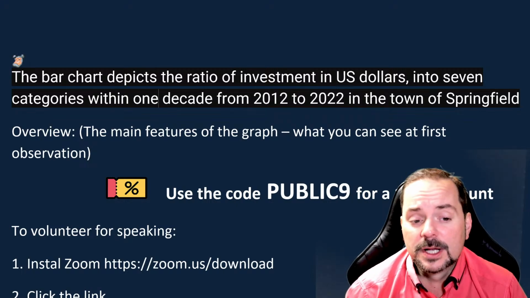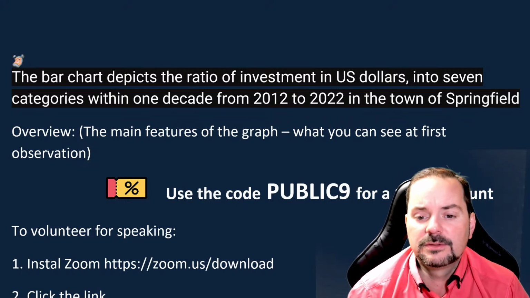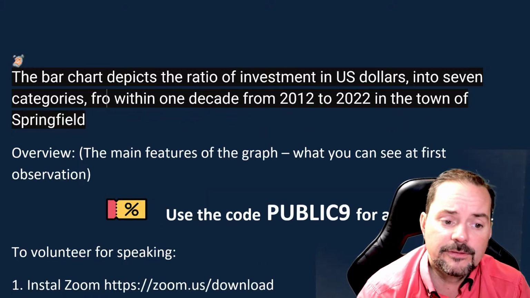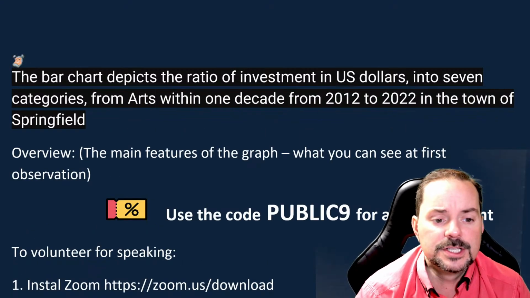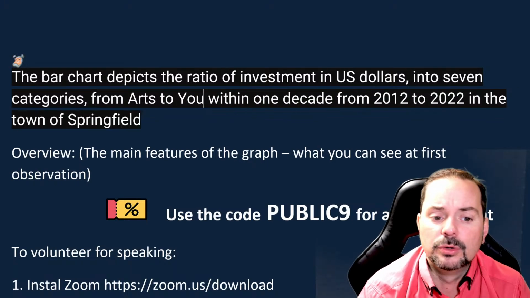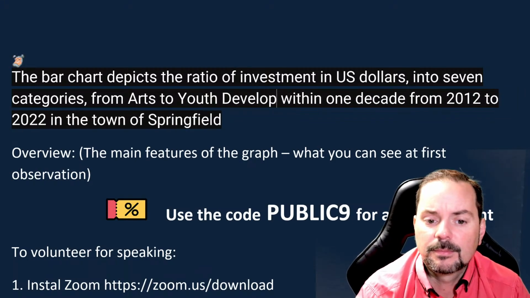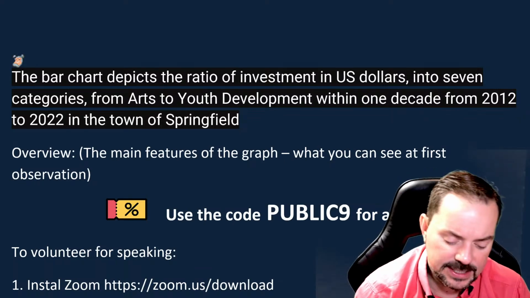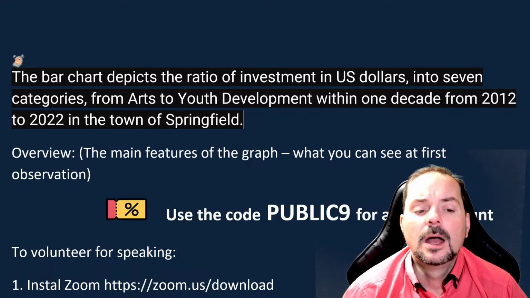Now you see, Fuang, it's become quite short, so you want to give a little bit more detail into 7 categories from arts to youth development within 1 decade. Okay, so details, all right.